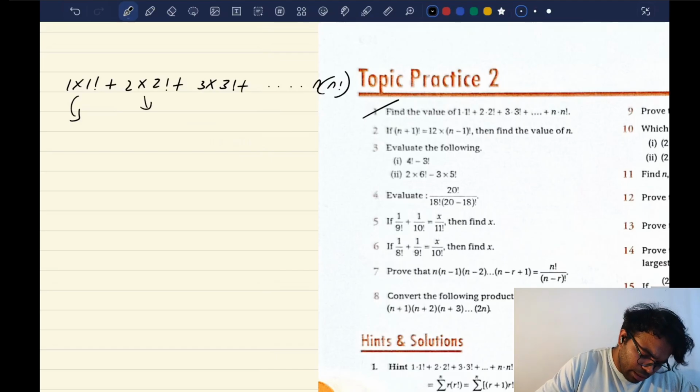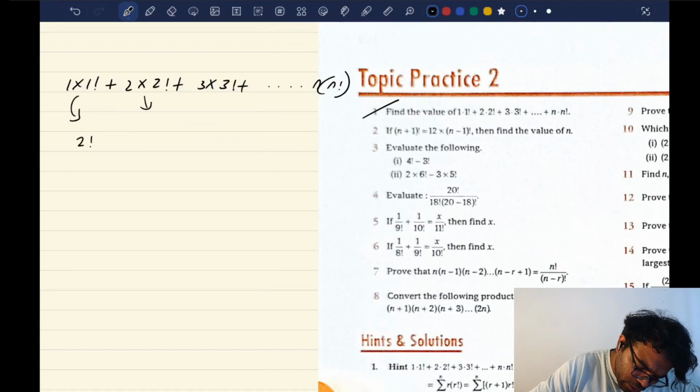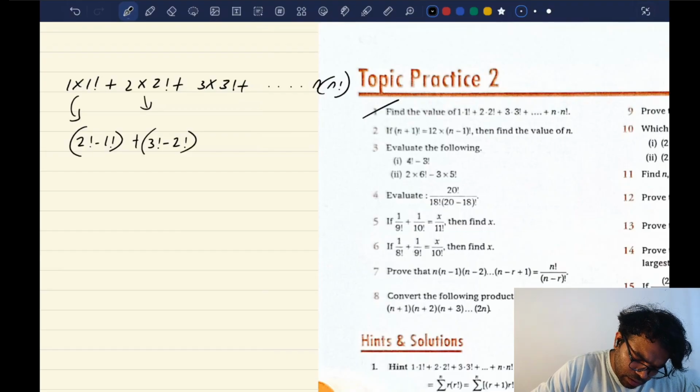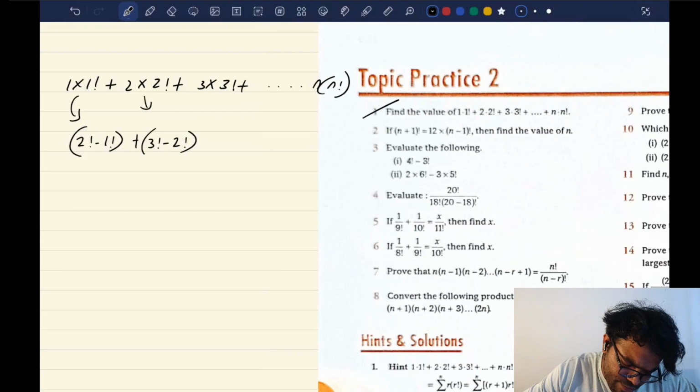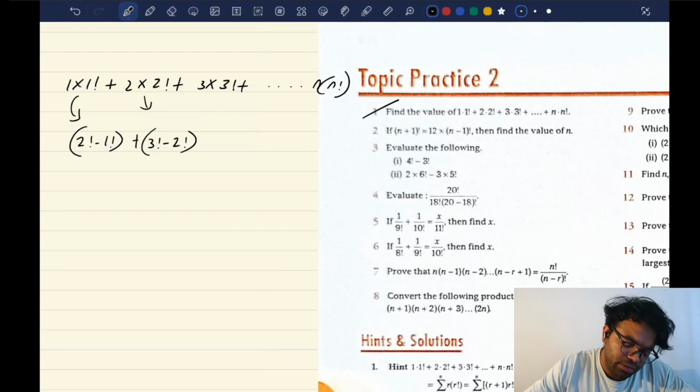So this can be written as 2 factorial minus 1 factorial plus 3 factorial minus 2 factorial. 2 into 2 factorial, 2 factorial is 2, 2 into 2 is 4. 3 factorial is 6, 6 minus 2 is 4. Yeah, this is coming out to be correct.